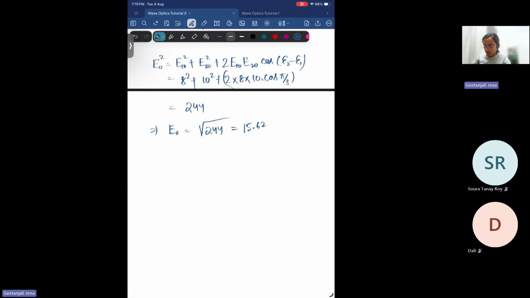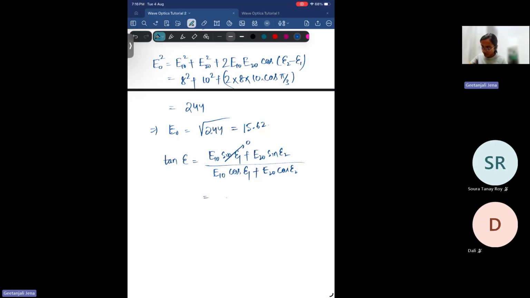For the phase, you can easily verify. So tan epsilon is E10 sine epsilon 1 plus E20 sine epsilon 2, over E10 cos epsilon 1 plus E20 cos epsilon 2. Epsilon 1 is 0, so that is why this term vanishes.